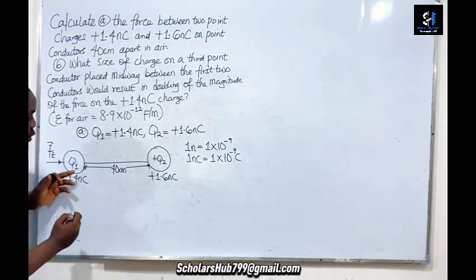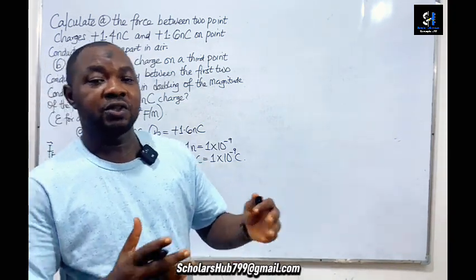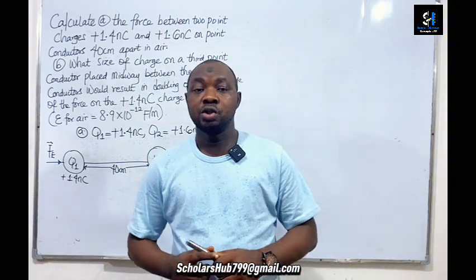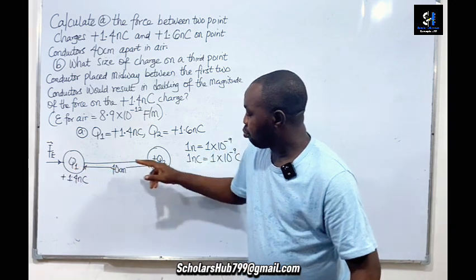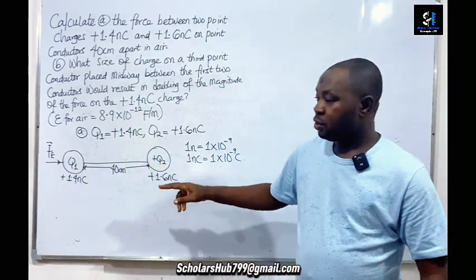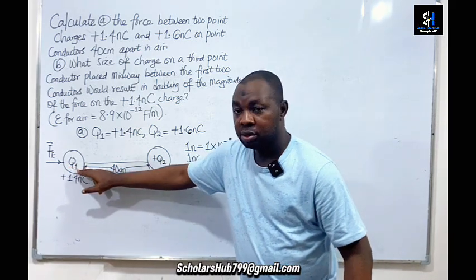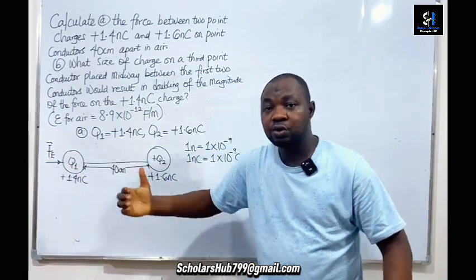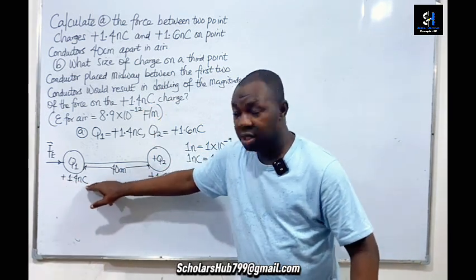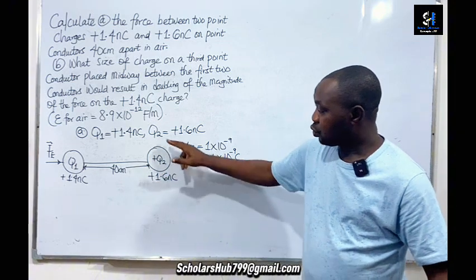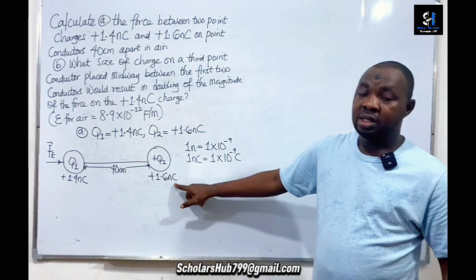That means according to Coulomb's law, Coulomb's law states that the electrostatic force of attraction or repulsion between 2 point charges, just like we have here, two positive point charges. We have the first charge labeled Q1, the conductor carrying a charge of magnitude 1.4 nanocoulombs. The second conductor carries a charge of magnitude 1.6 nanocoulombs.